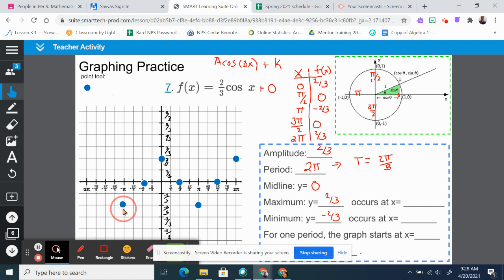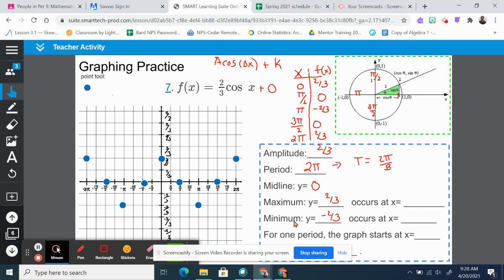So put a point here. If I were to go -3 pi halves, it would be the same value as pi halves, so that's 0. And then -2 pi will be the same place as 0 or 2 pi. I'll be back here. Now, I'm doing this in my head and seeing a pattern. If you can't see the pattern yet, continue the table. You can still do it one at a time, as carefully as you need in order to get the answers.